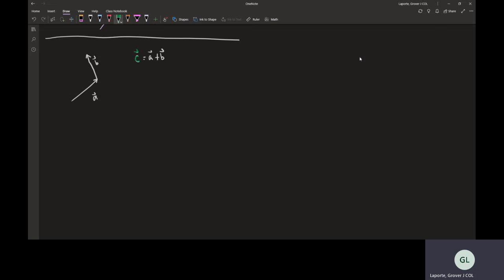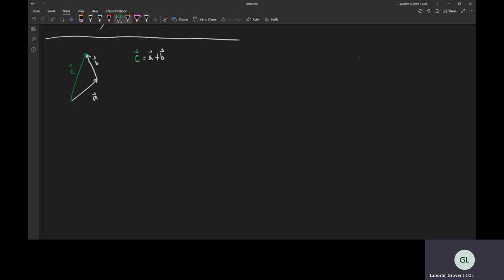If you do this tip to tail business, where you put the second vector on the tip of the first vector and have it go off in that direction, then you can go from the tail of the first vector to the tip of the second vector, and you get that vector. Hopefully this is a straight enough line. So this would be my vector C, so C equals A plus B.